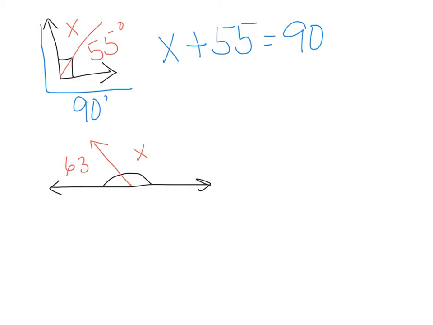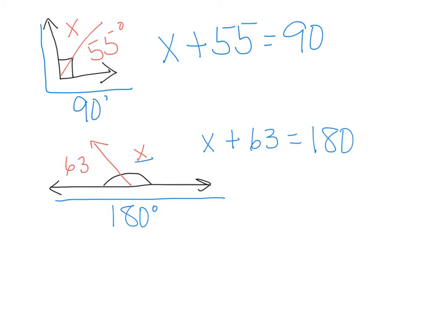And we know that this angle is equal to 180 degrees. So we could find the value of x in an equation with x plus 63 equals 180 degrees.